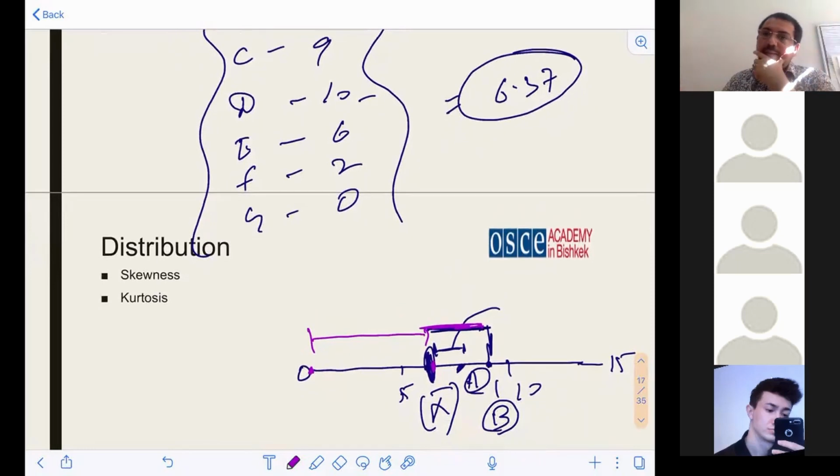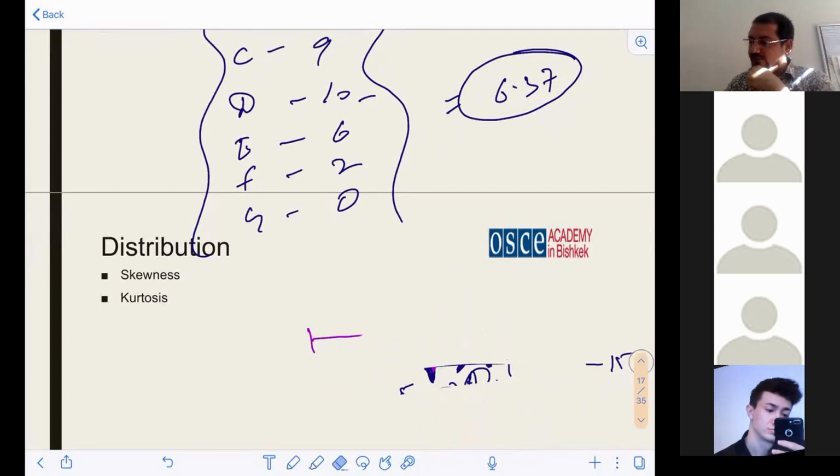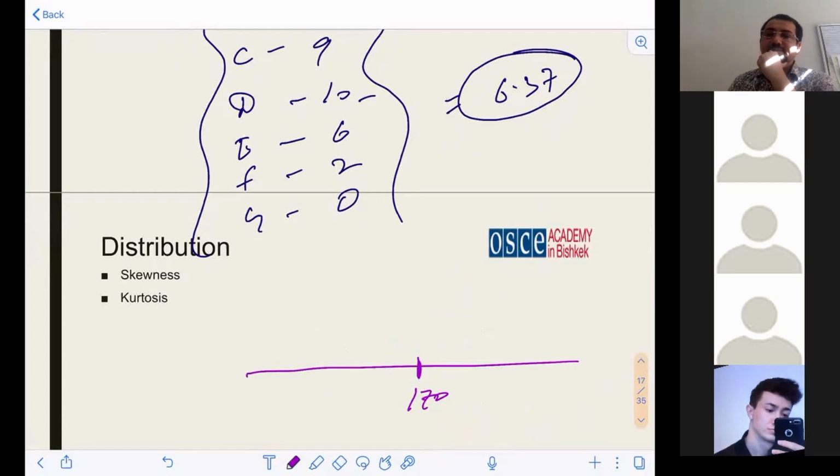Practically, if I want to know the average height, let me just draw the same kind of line. Let's say that the average height is 170, but there is one student whose height is 140 lying here somewhere.